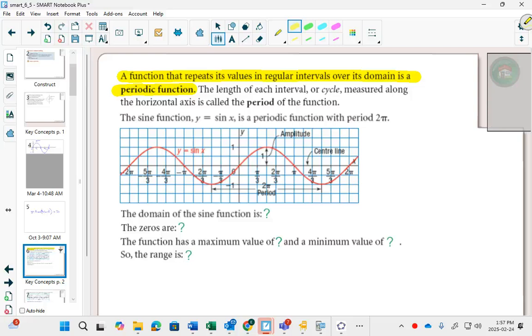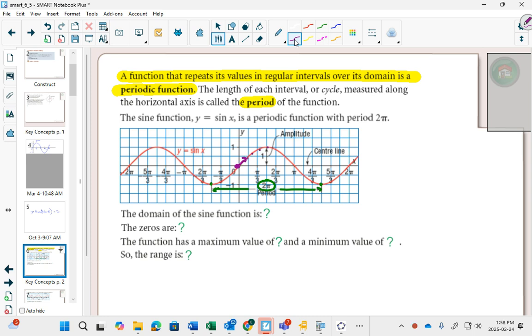Okay? We call the length that it takes to repeat itself one period. So on the graph here, they took a minimum to a minimum and said, whatever this distance is, which is 2 pi, is one period. If I started at 0, I'm in the middle of my graph going up.